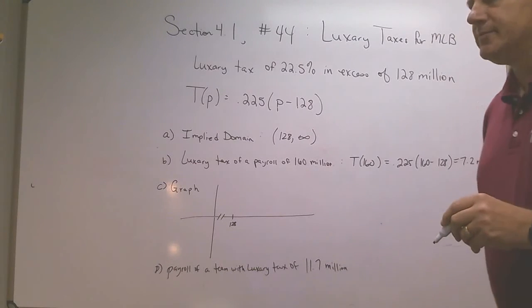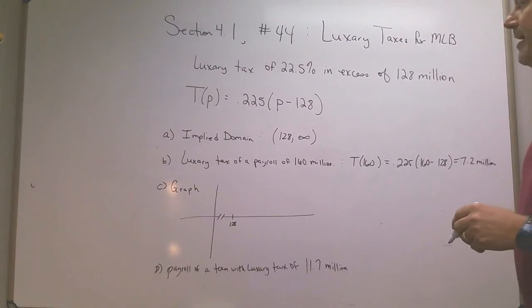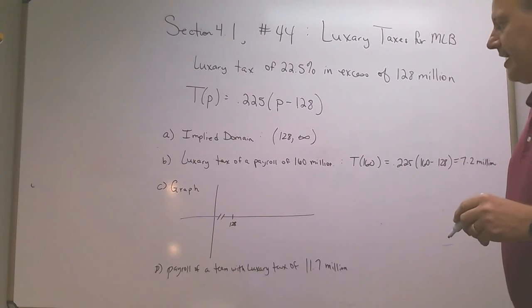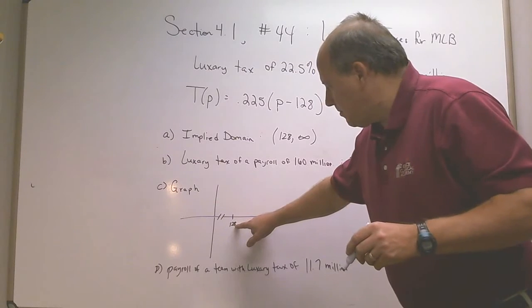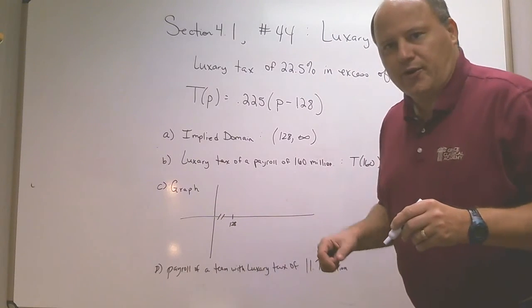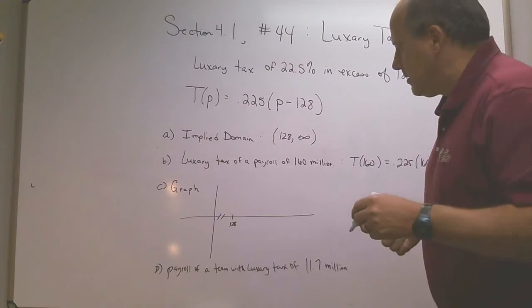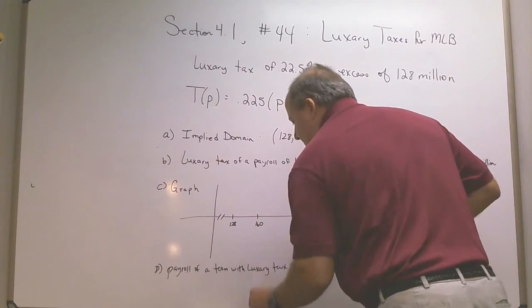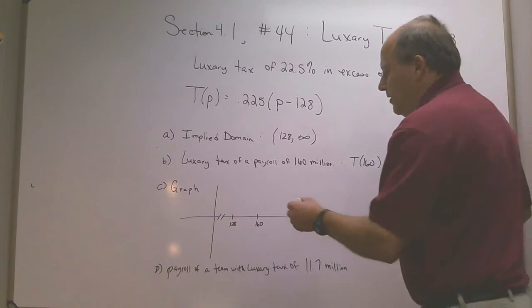Now, the reason I wanted to do it was because of my graph, which is the next problem. They want us to graph this, and I broke up the scale. That's 128 million, and in order to graph this linear function, if I had 2 points, I'd be done. So that's why I put 160 in there, which is more than 128, and you get 7.2 million.